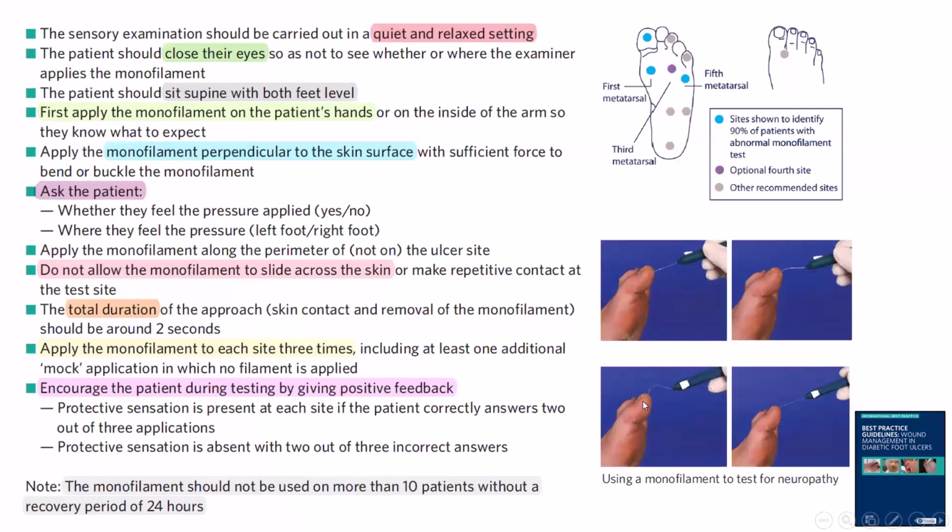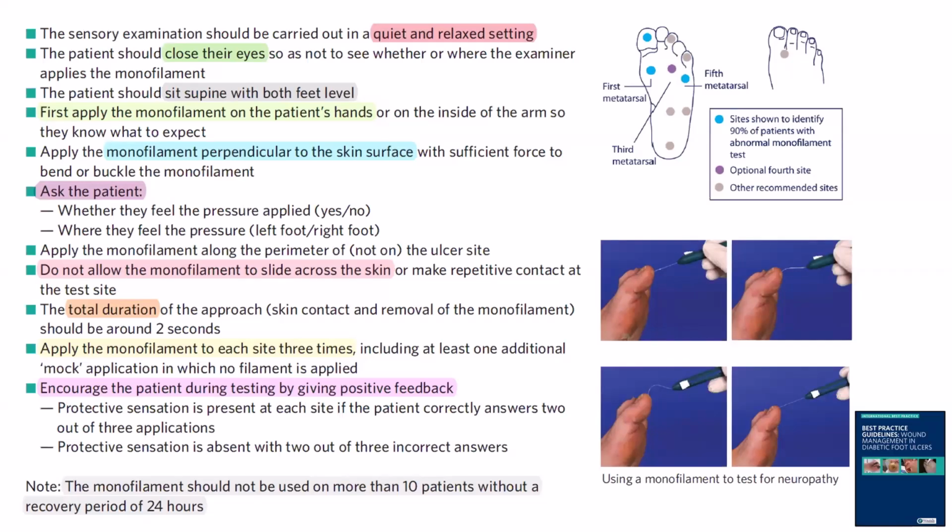So we should compress it to let it buckle or bend like this. And we ask the patient whether they feel the pressure applied, yes or no, and whether they feel the pressure in the left foot or right foot.